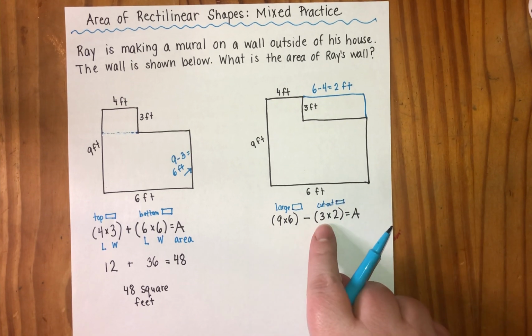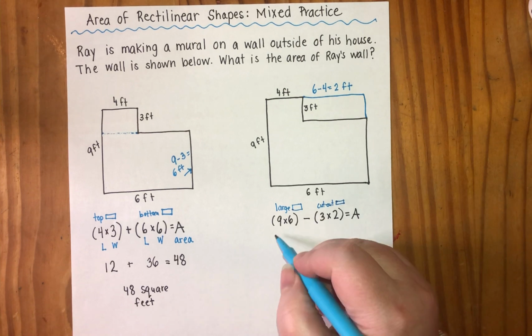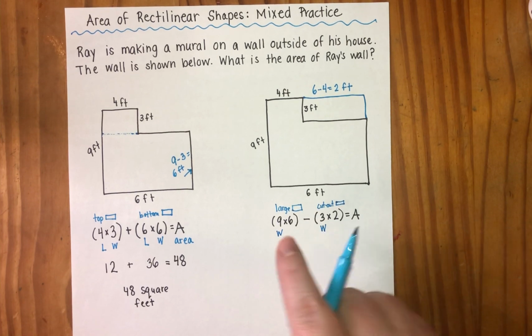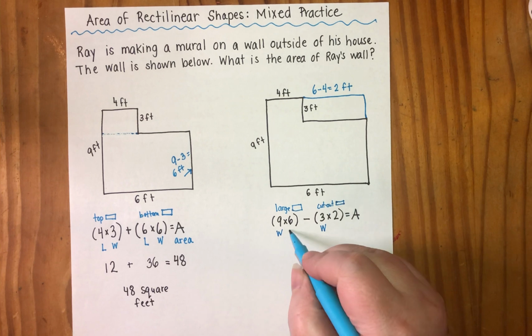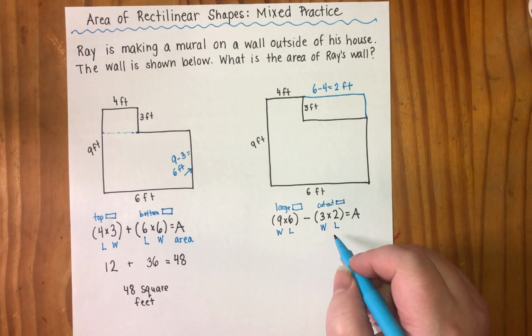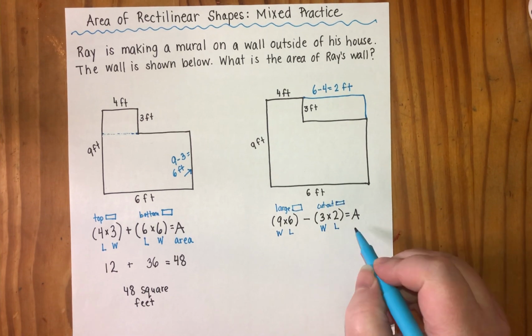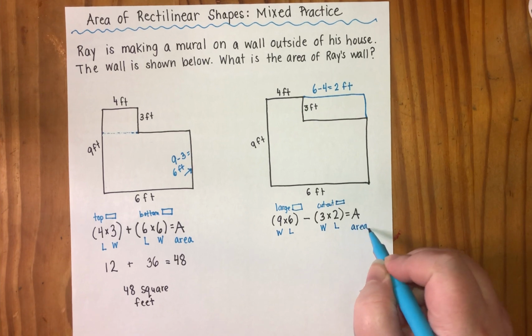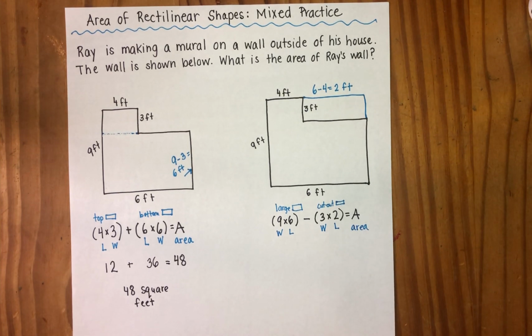And 9 and 3 represent the width, and 6 and 2 represent the lengths of those rectangles, and A is the area. How can you solve this? Evaluate.